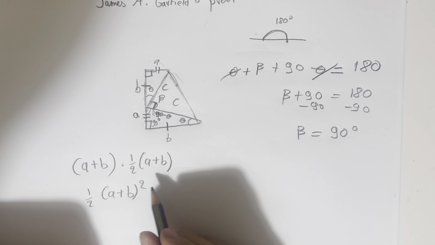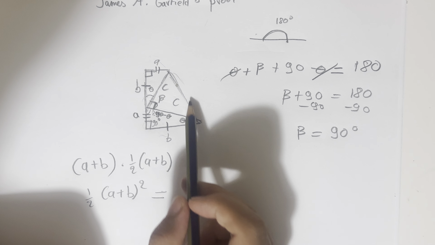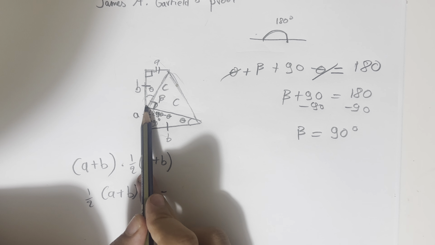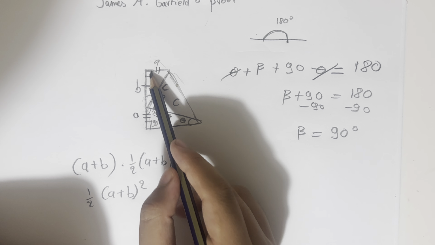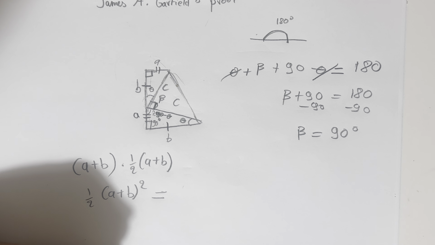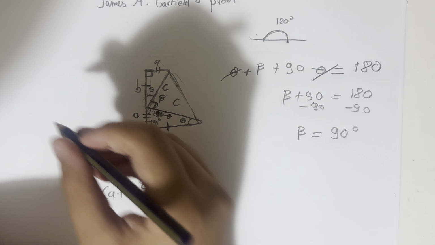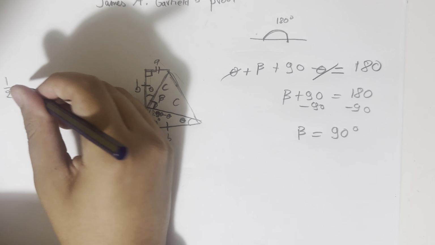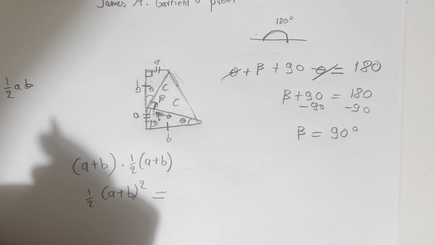And what this is equal to is the sum of all the areas of these right triangles. So first of all, let's take a look at this right triangle right here with sides A and B, which is going to have the same area as this right triangle because we made them congruent to each other. So the area of this triangle is going to be equal to 1/2 times A times B. So this is simply the area of a right triangle.